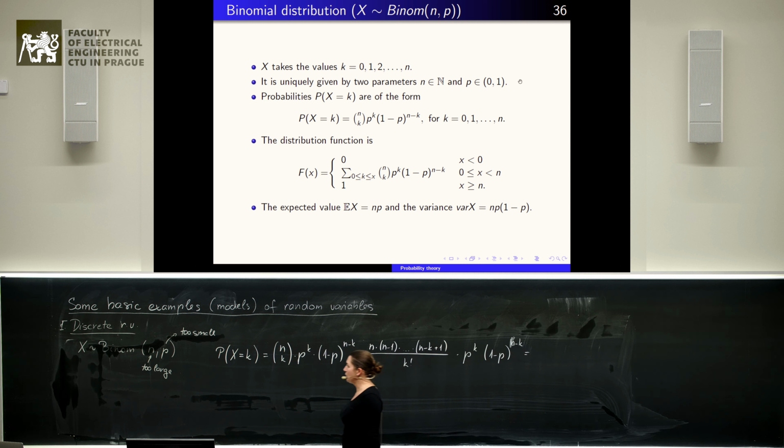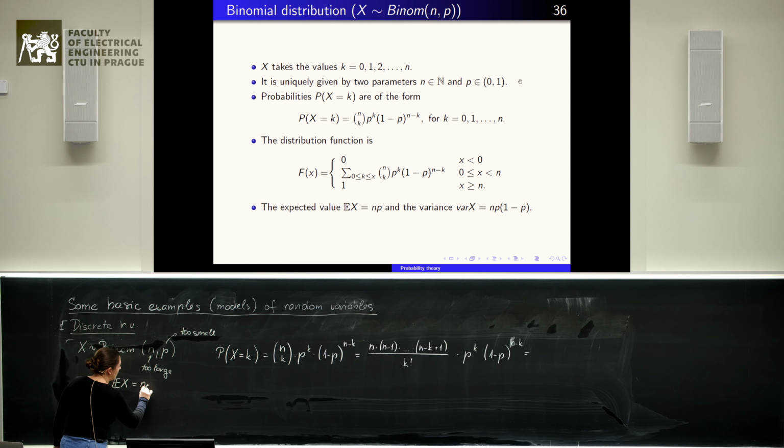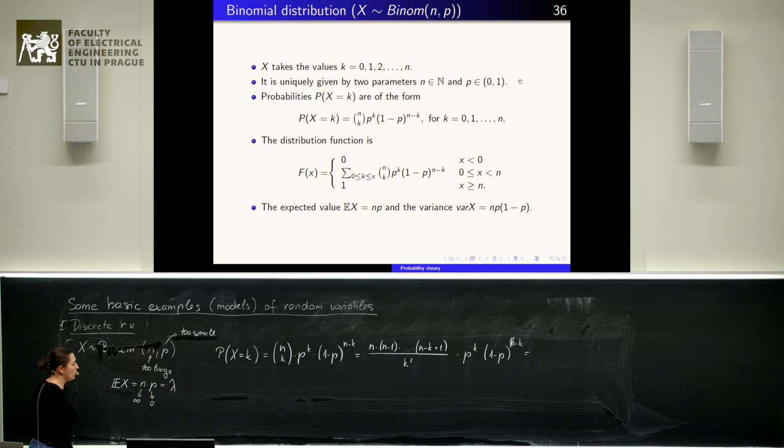It is equal to, first, I will add some notation. Expected value of x is equal to n times p. Let's denote it as lambda. We know that n goes to infinity and p goes to 0, but in the way that still their product is equal to lambda.